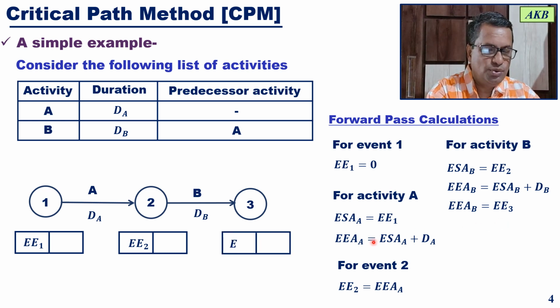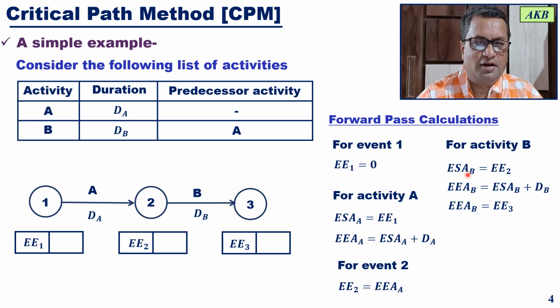Once you know EE3, represent it on the network diagram in this way. So this ends our forward pass calculations. We have moved from the start of the network to the end of the network, and in moving so, for each of the events we have noted down their earliest event times.